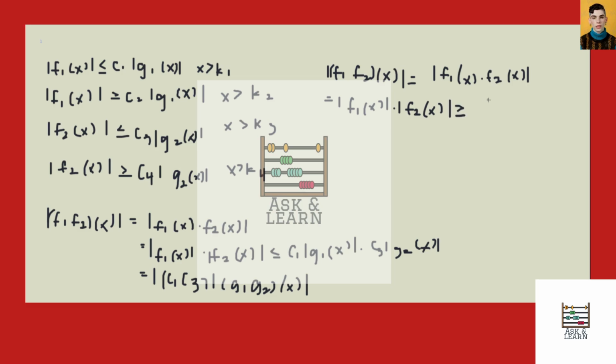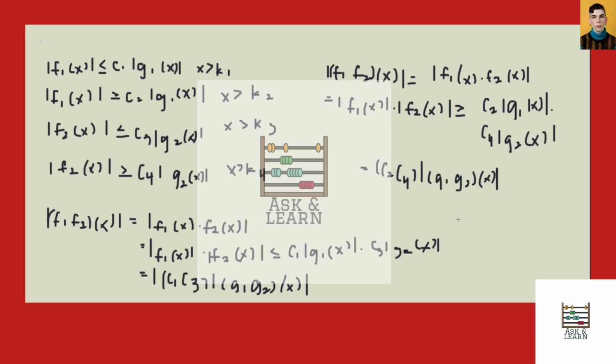This is bigger or equal to c2 times the absolute value of g1(x) times c4 times the absolute value of g2(x). Simplify this, we get c2c4 g1g2(x).